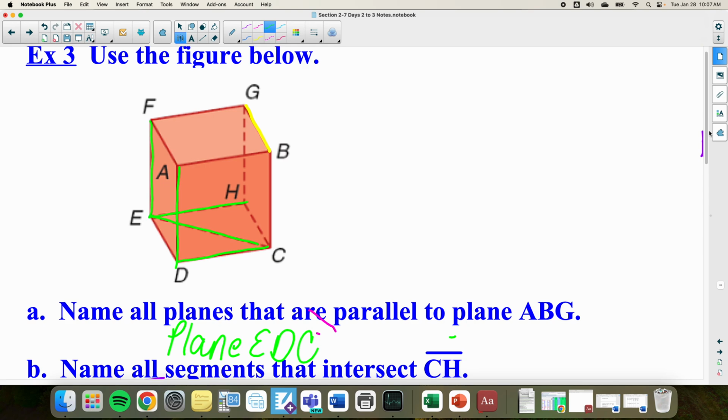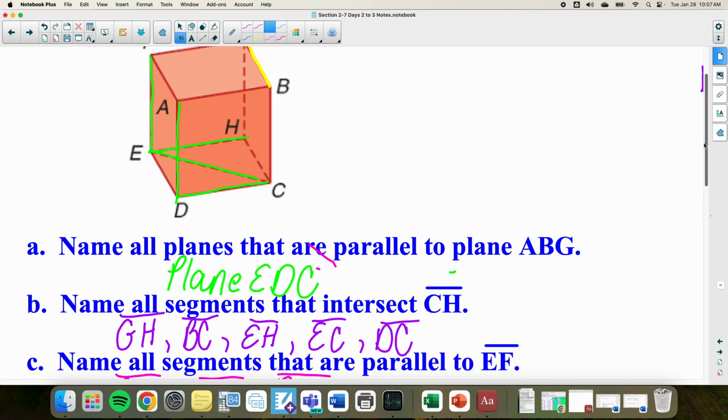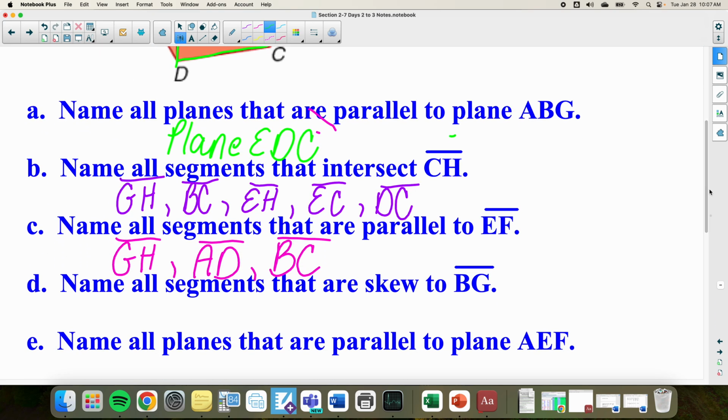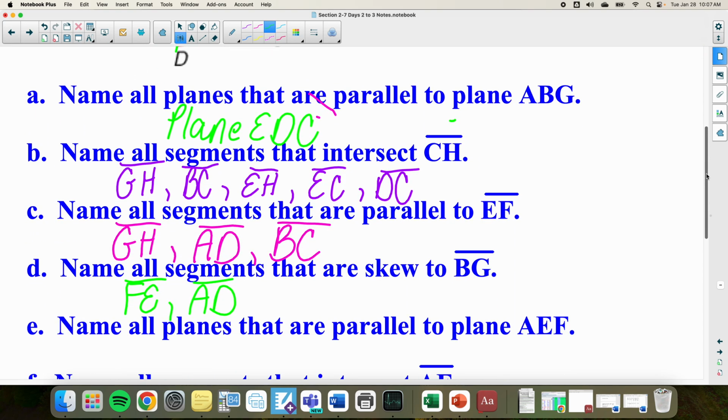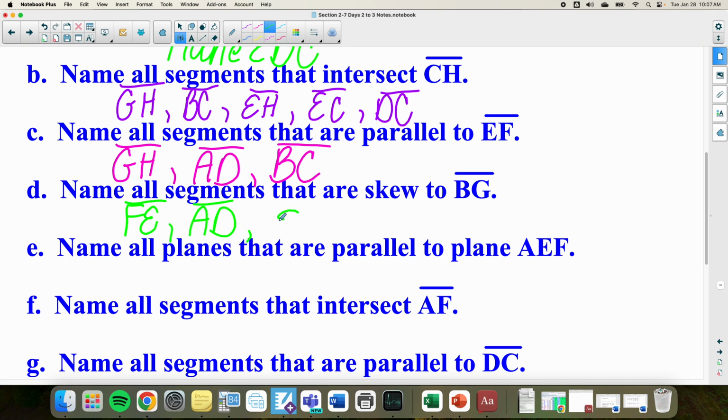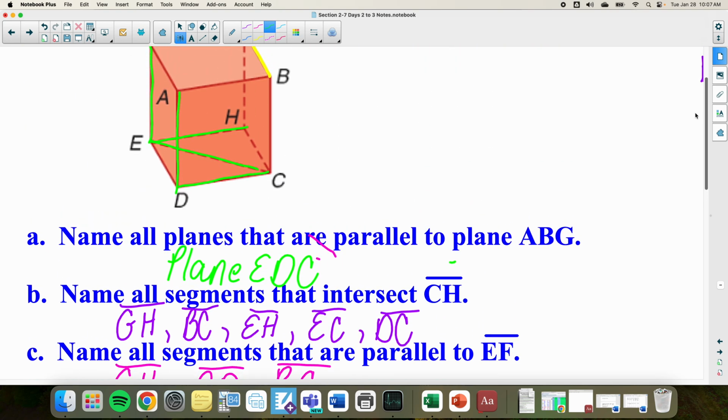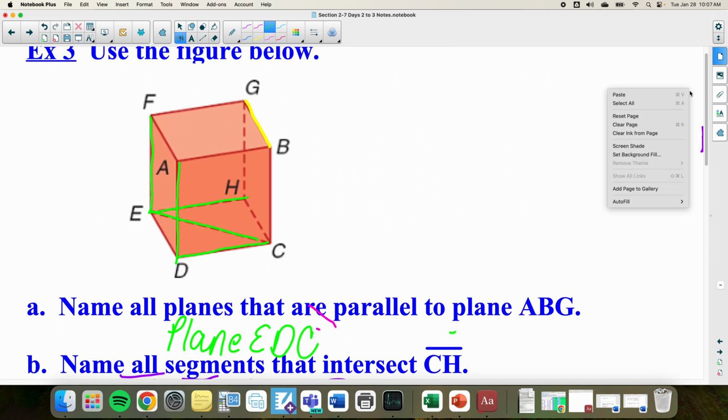So we're gonna write down the green ones. FE, AD, and then EH, EC, and then one more is DC.